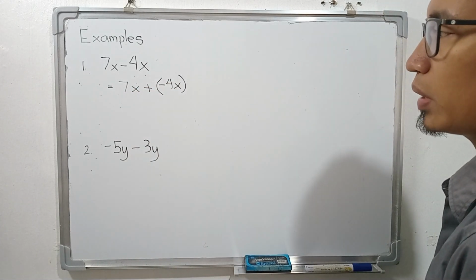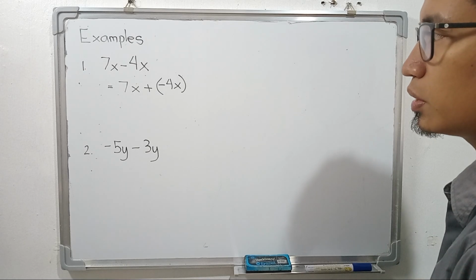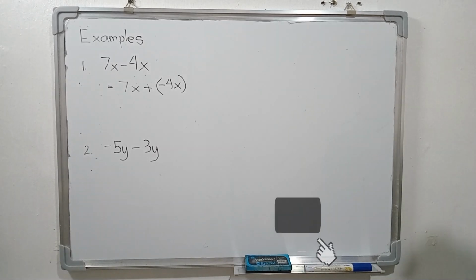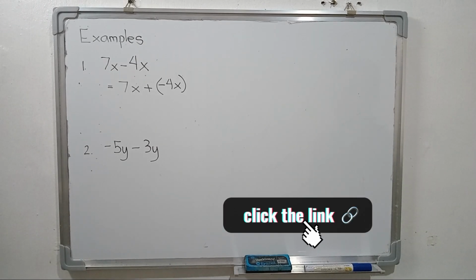And then here we can proceed with addition of monomials. Now if you're not yet sure on how to add monomials, don't worry, I've already made a video for that. You can find the link of that lesson in the description below.